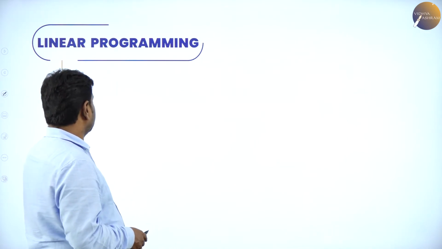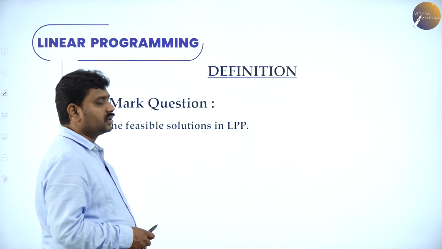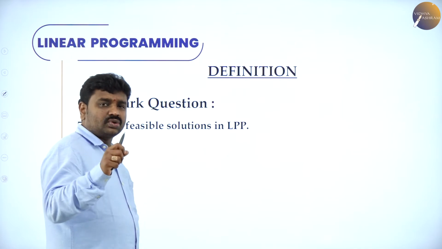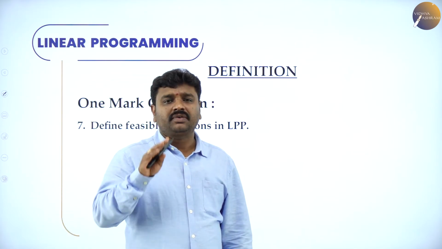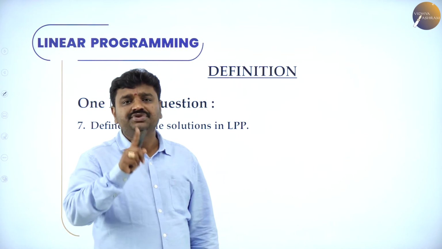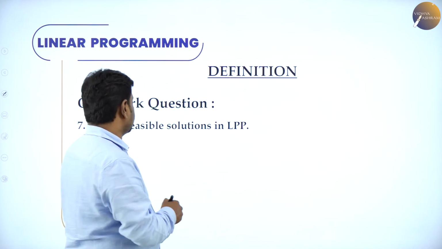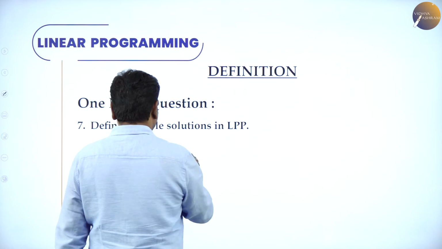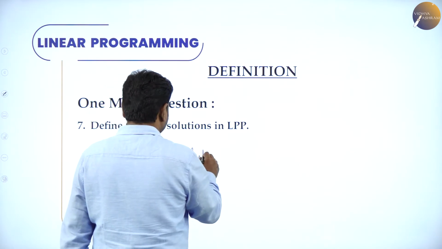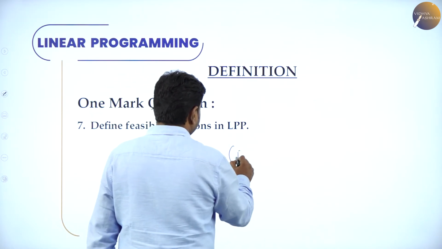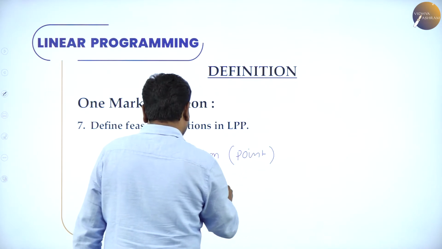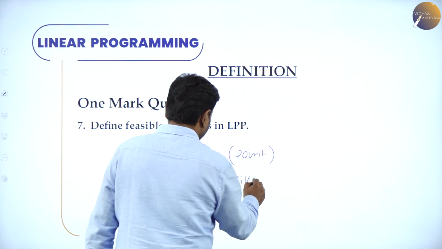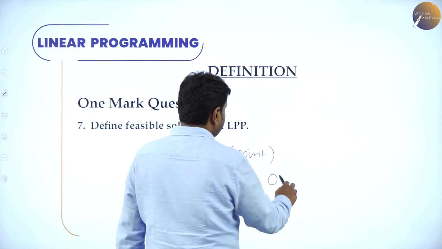And we have a feasible solution. A feasible solution means a solution in the feasible region which gives the optimal value of the LPP, or which gives the optimal value for the objective function. A solution, or we can also say a point, which gives the optimum value.